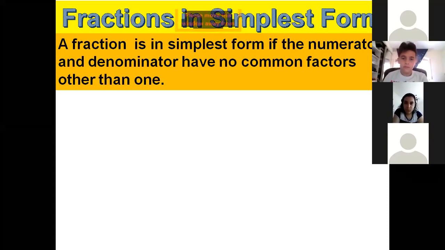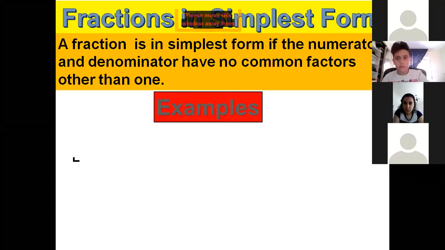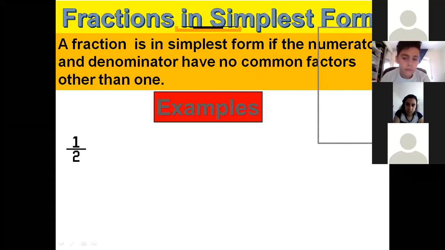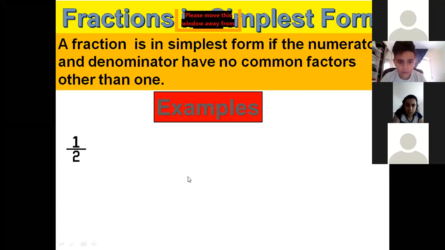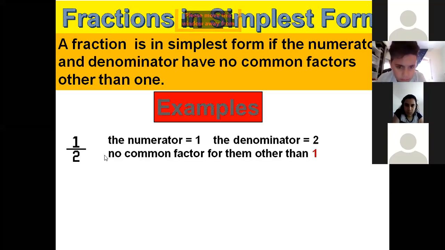So now, let's have some examples about fractions in simplest form. Here, we have 1 over 2. The numerator here is 1, the denominator is 2. 1 and 2, they don't have any common factors other than 1.